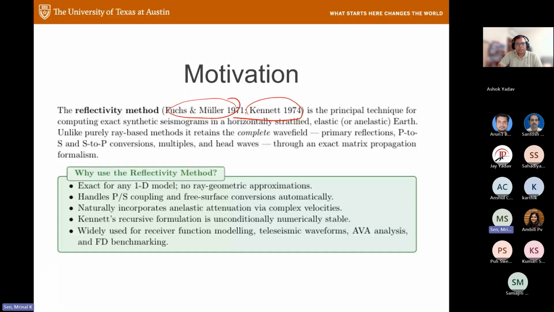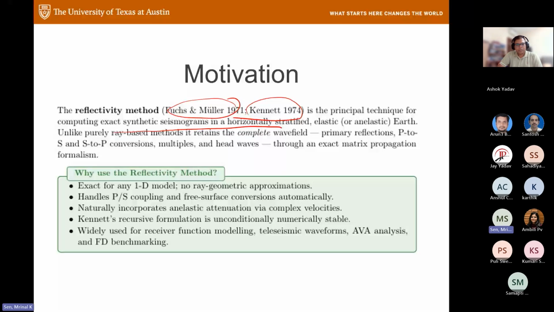This is the principal technique for computing exact synthetic seismograms in horizontally stratified, elastic, or inelastic media. Including the effect of Q is trivial in this particular method, and also you can include anisotropy.